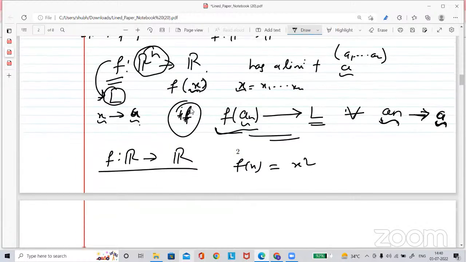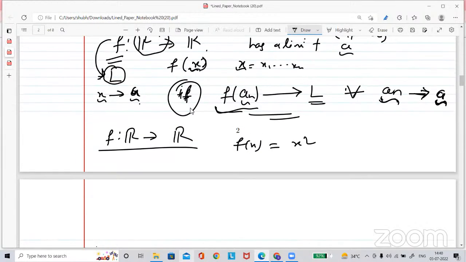Suppose we have the function f(x) = sin(1/x), and we want to find the limit as x approaches 0. Does the limit exist, or what is going to be the limit of this function?